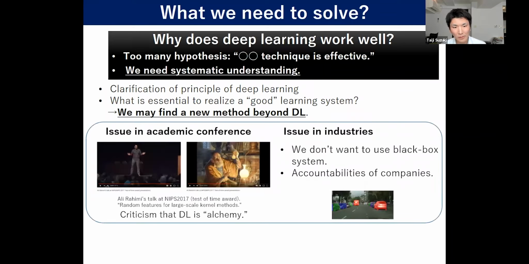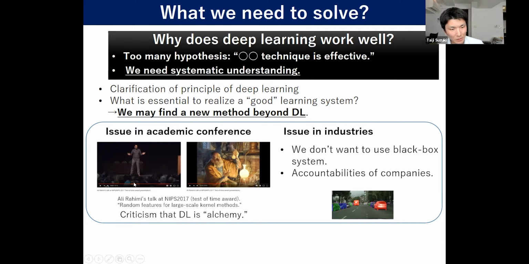The theories of deep learning have also been demanded by many fields. For example, in academic conferences, you see many deep learning theory papers, for example, in ICML, ICLR, and NeurIPS, and of course in ACML.